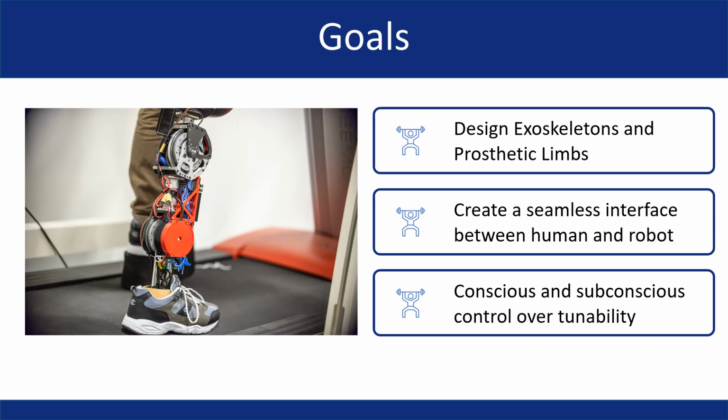So again, there should be some kind of a symbiotic relationship between human and machine, but this produces a series of issues and challenges. One, for example, is power consumption, which should be minimized on both sides of the interface to reduce metabolic burden on the user and extend runtime for the robot. The actuator and force transmission mechanism should be lightweight, energy efficient, and compatible with the natural biomechanics of the human.